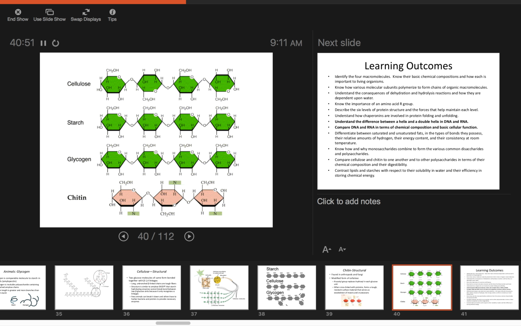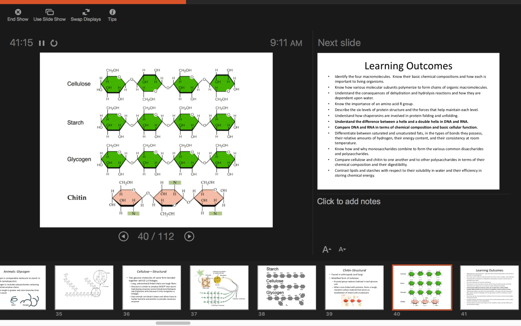So then, this is the slide I showed you before, and that's it for carbohydrates, really. So know the linkages between these molecules, and understand monosaccharides form disaccharides, then polysaccharides. Wait, so what's chitin again? Chitin just flips the N and then it changes on the end.